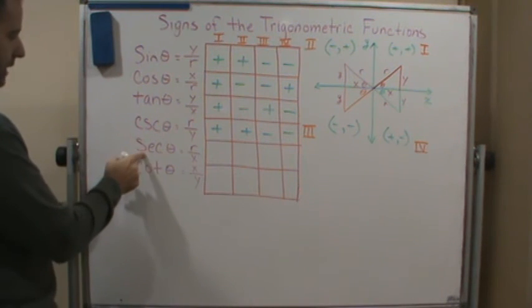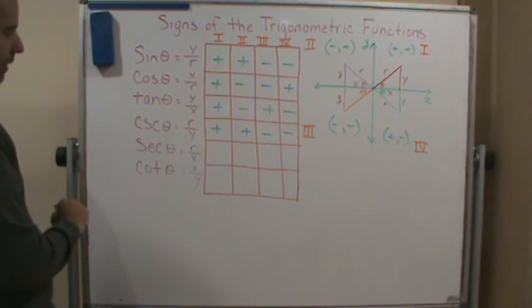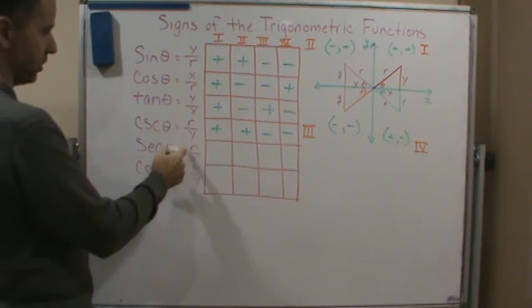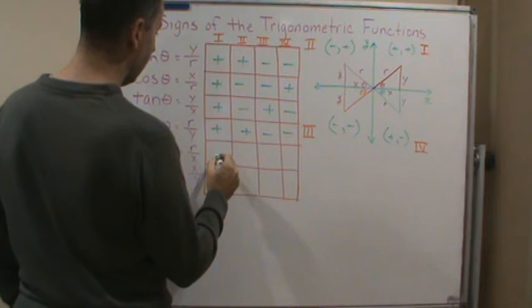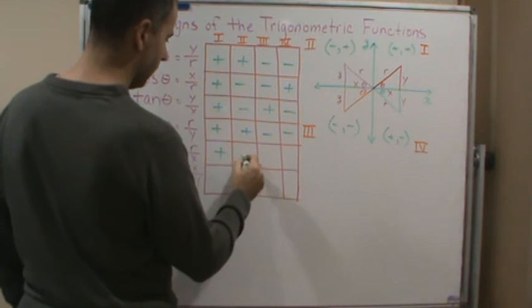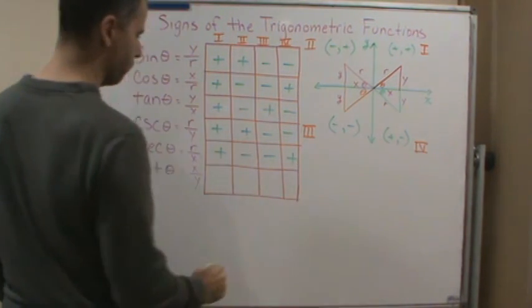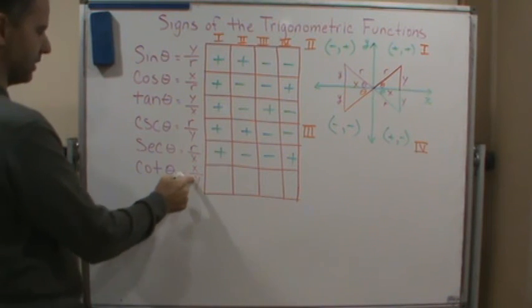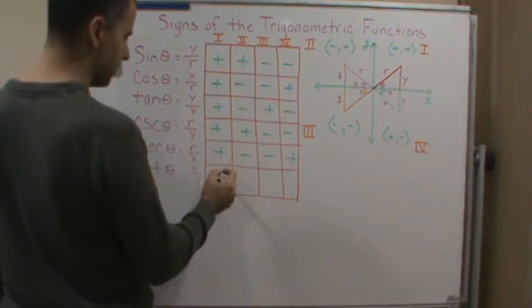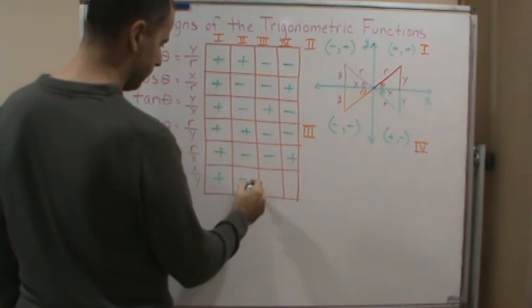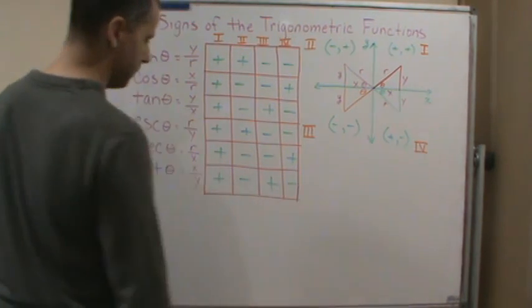Secant is going to follow the same pattern as cosine because it's the reciprocal of cosine, so it's going to be plus, minus, minus, plus. And then cotangent is the reciprocal of tangent, so it's going to follow the same pattern as tangent: plus, minus, plus, minus.